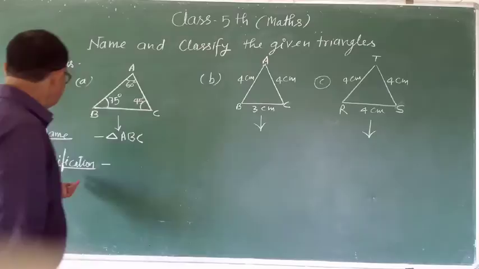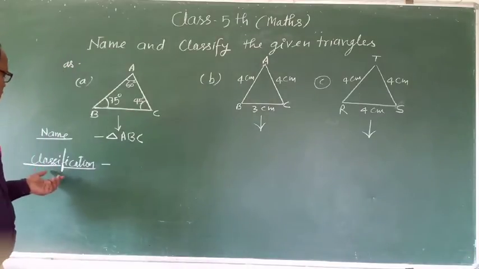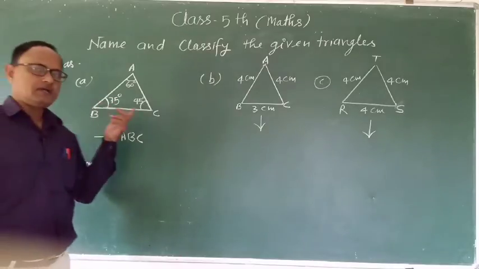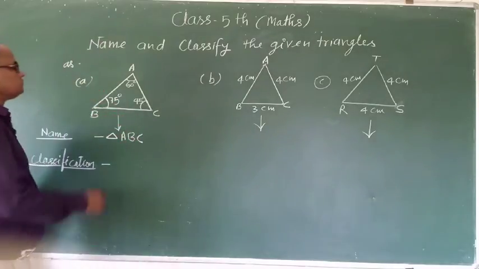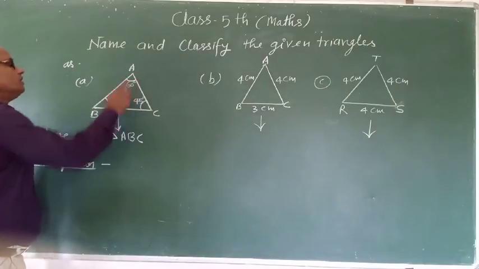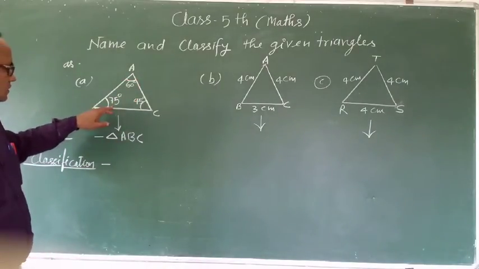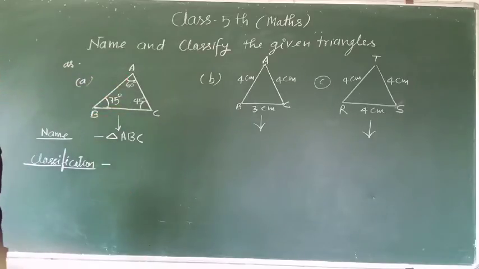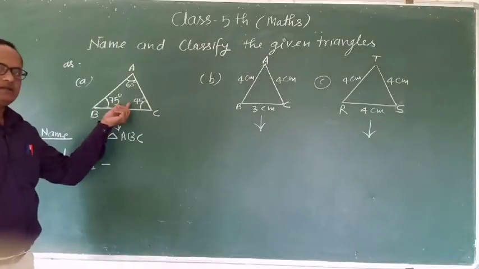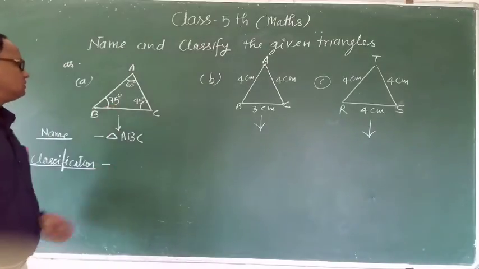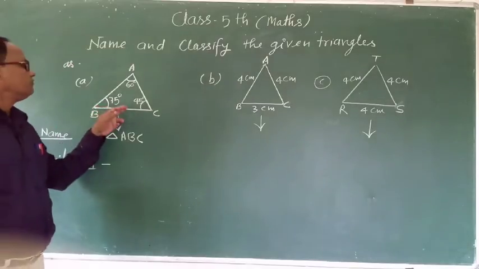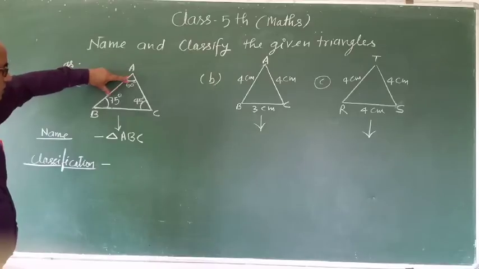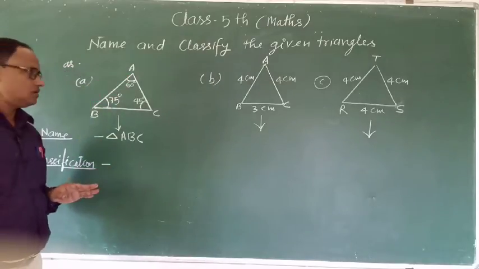But we will find out which type of triangle it is. Look here: if all angles are less than 90 degrees, then this is an acute triangle, and these angles are not equal to each other.